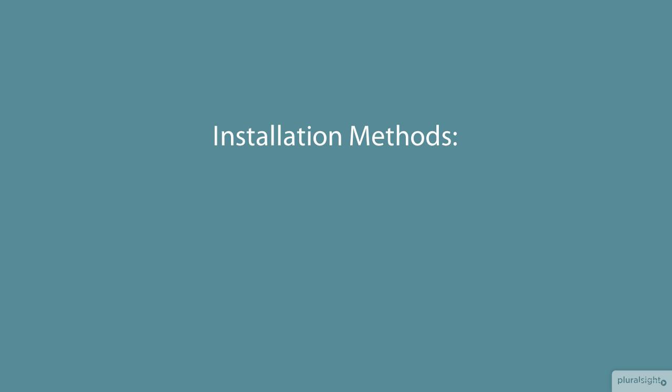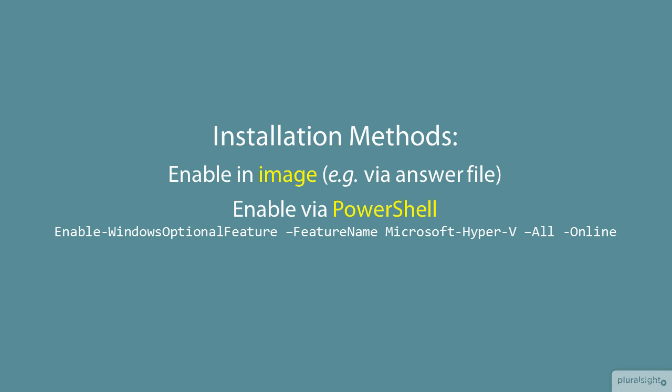Well, we can install Hyper-V a variety of ways. The feature can be enabled in a deployment image, for example, via an unattend.xml answer file. We can also enable it via PowerShell using the Enable-WindowsOptionalFeature cmdlet. And we can turn it on via the good old Programs and Features control panel on the Windows 10 desktop.